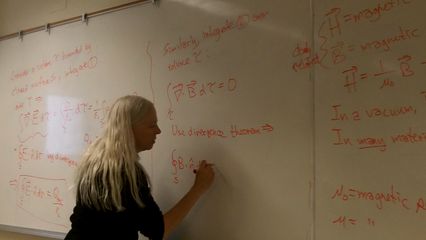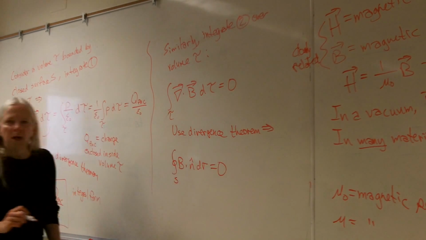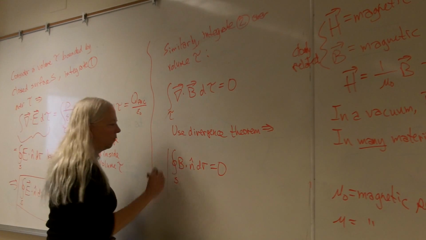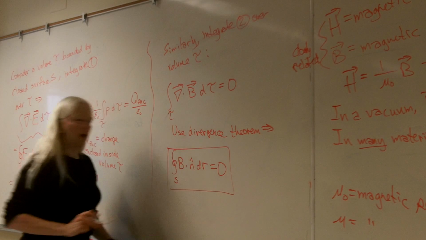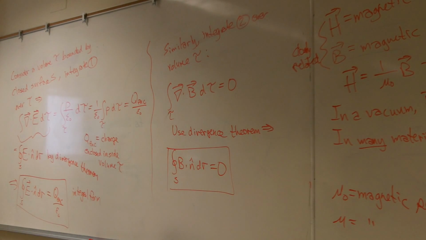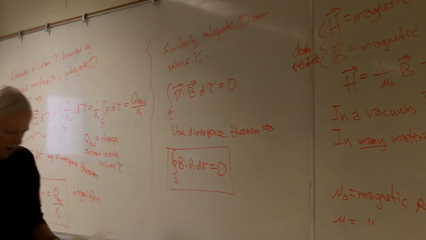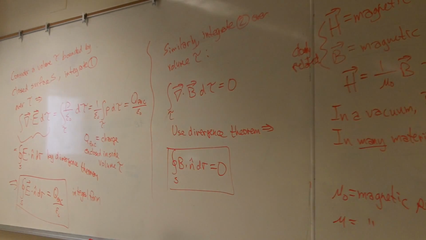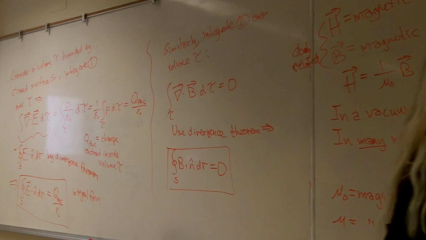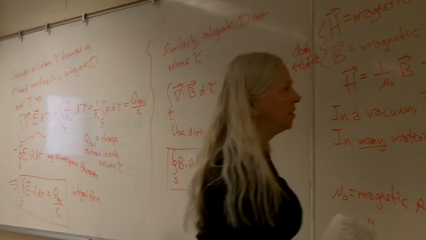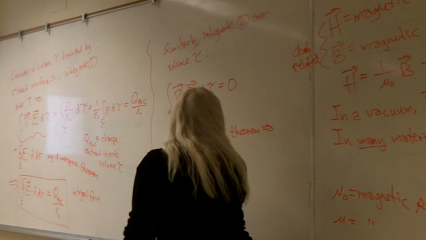And the right-hand side, of course, will still be 0. So again, this is the integral form of Gauss's law for magnetism. Okay, so for the first two of Maxwell's equations, the differential form is related to the integral form.